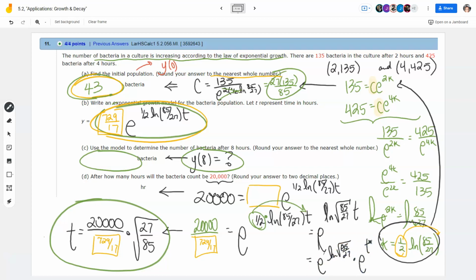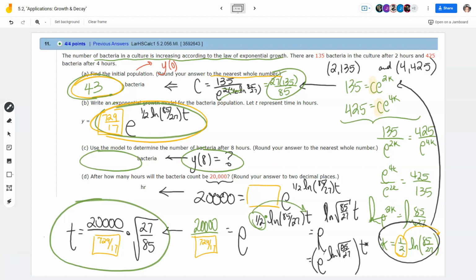The t had an e base 2. Actually, not even that. Hold on. That wouldn't be a times, because that would be a plus. Mathematically speaking, it would be that, because a power to a power, you multiply.